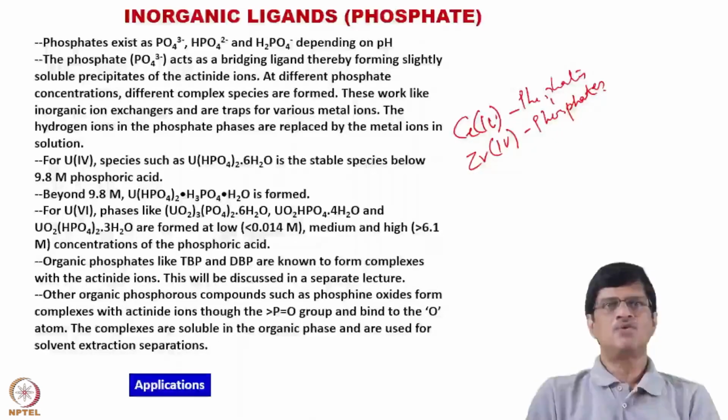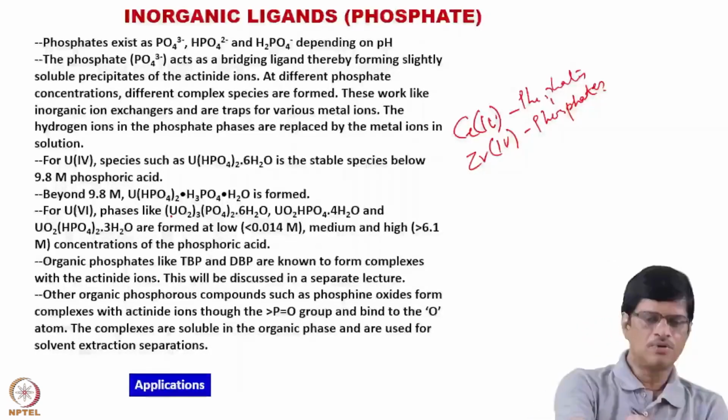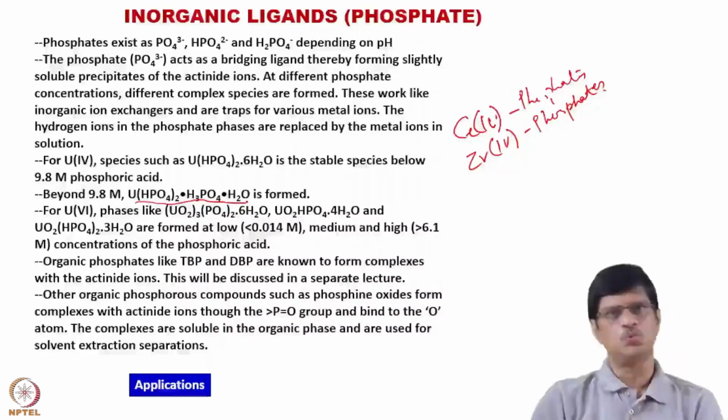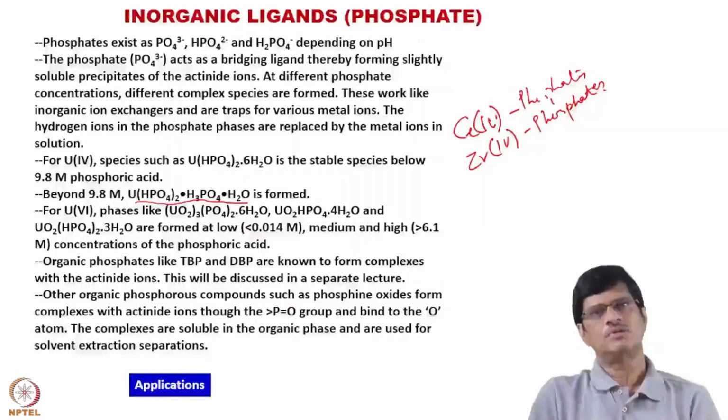Now the uranium 4 species like U(HPO4)2·6H2O is a stable species below 9.8 molar phosphoric acid, and beyond 9.8 molar concentration of phosphoric acid, species like U(HPO4)2·H3PO4·H2O are formed.